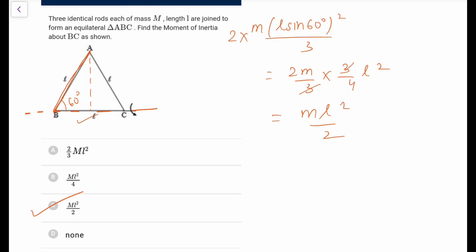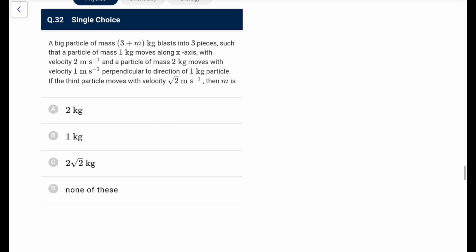These questions are common. A big particle of mass 3 plus m blasts into 3 pieces. One has 1 kg moving along x with 2 meter per second speed. Particle of mass 2 moves with velocity 1 perpendicular to the direction of the first, that is in y. The third particle moves with what velocity? So simply it's a blast, so final momentum should be 0.